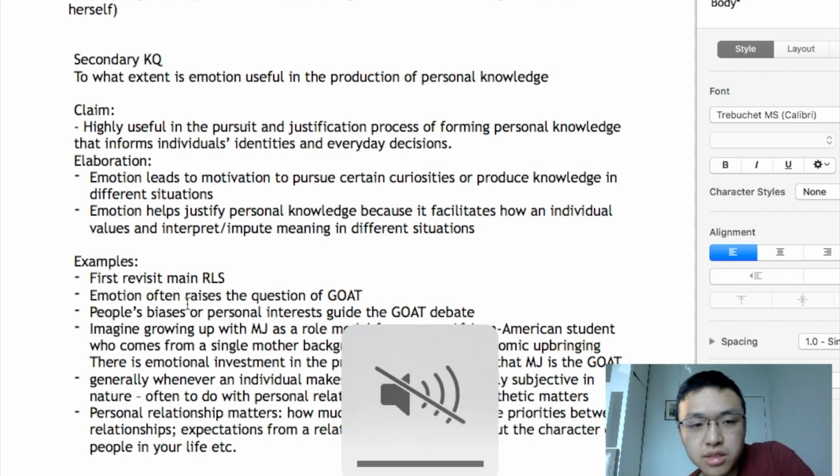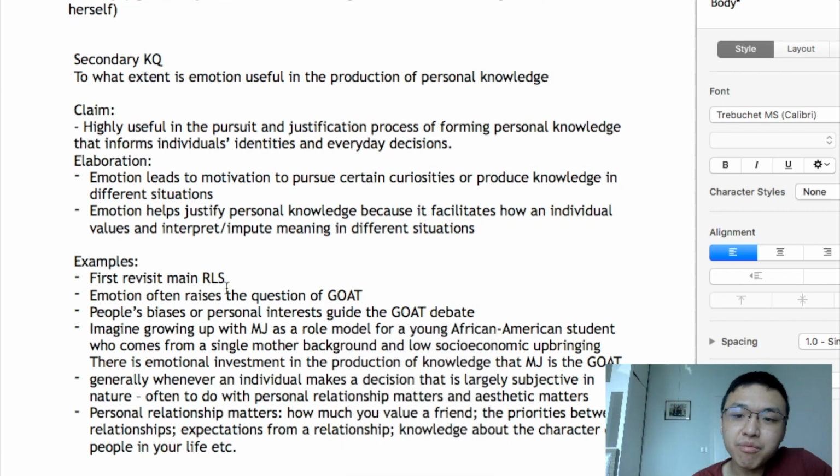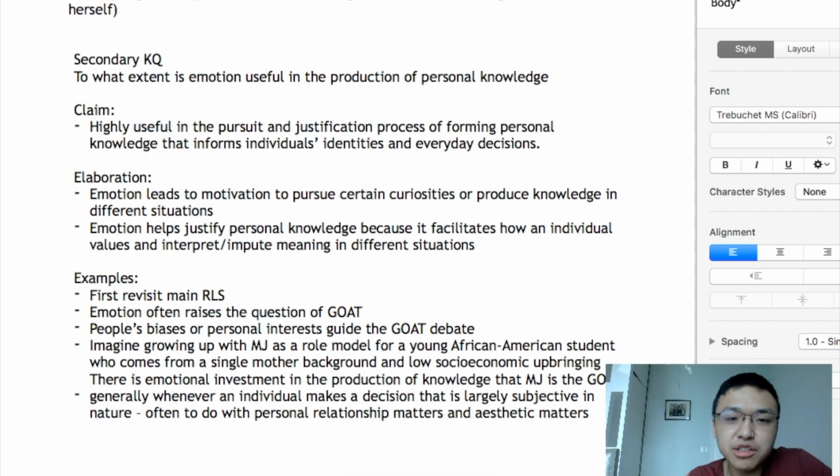The claim I would make is, it is highly useful in the pursuit and justification process of forming personal knowledge that informs an individual's identities and everyday decisions. In other words, emotion is very useful when it comes to forming personal knowledge about everyday decisions and a person's identity. Okay, so elaboration.